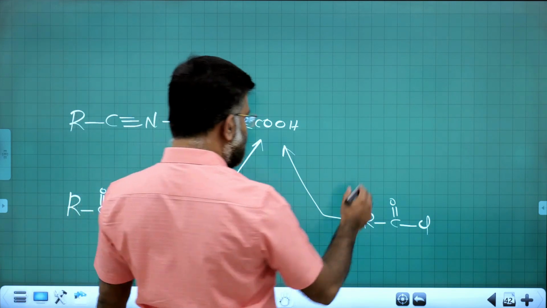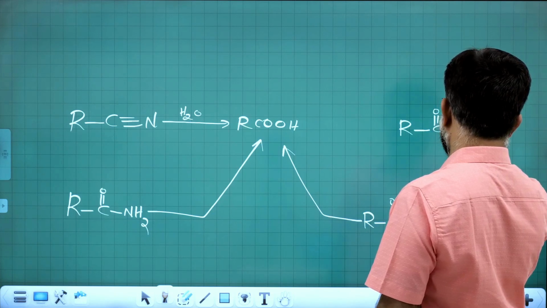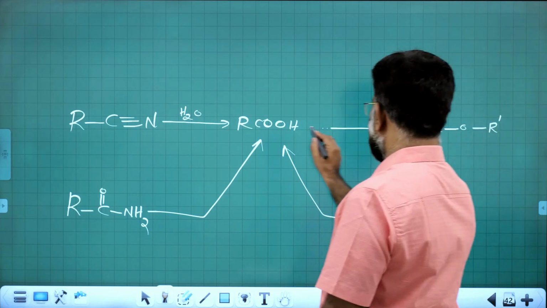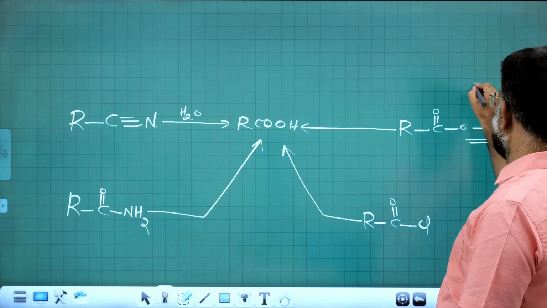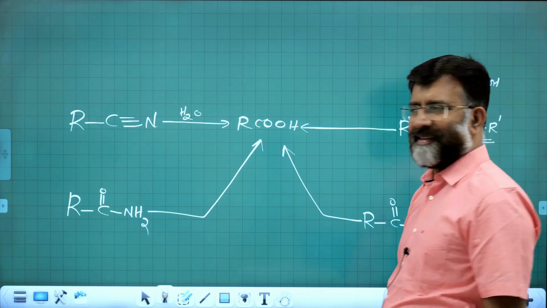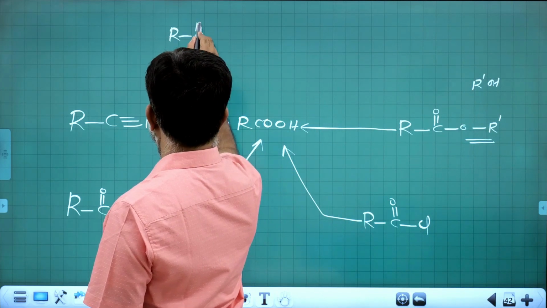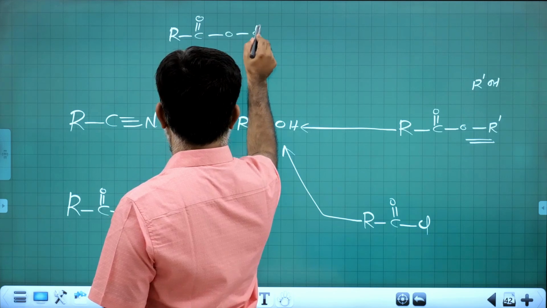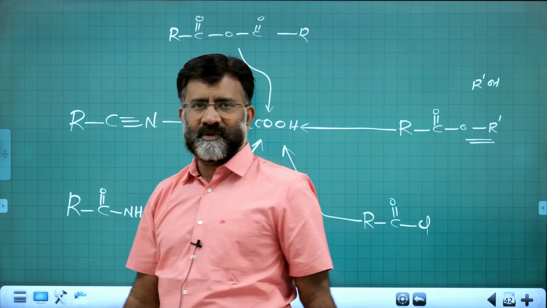You take ester RCOOR', upon hydrolysis, you will get carboxylic acid, and this part of the molecule will turn R'OH, alcohol. And acid anhydride RCOOCOR, upon hydrolysis, you get carboxylic acid.